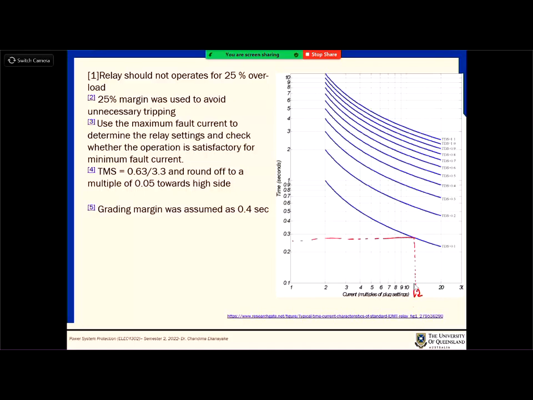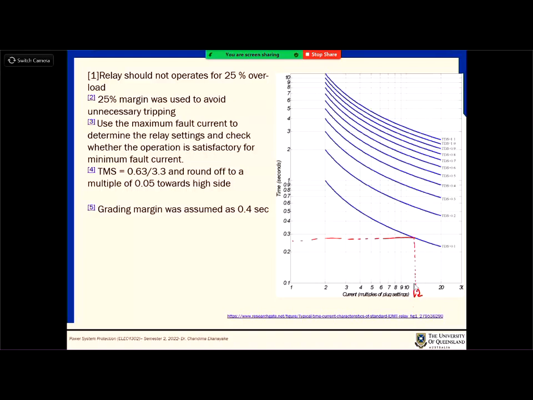In this particular case, the curves are not very accurately given for you, but in real calculations, you can use the relay characteristic equations. Then it's easy, because you just have to substitute the values, right?